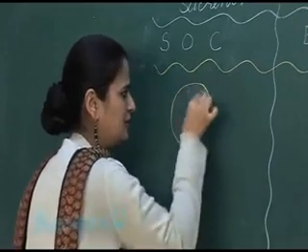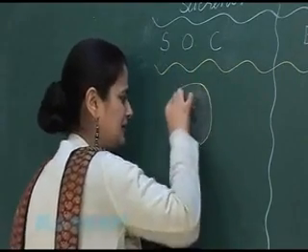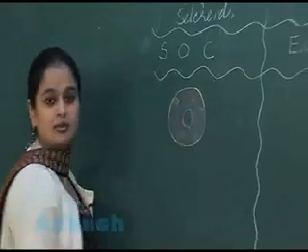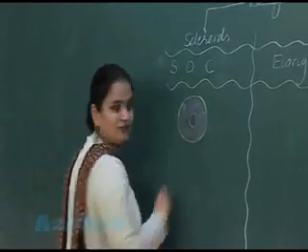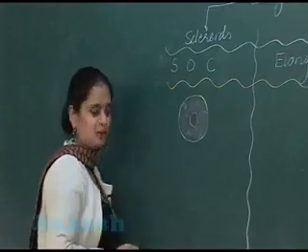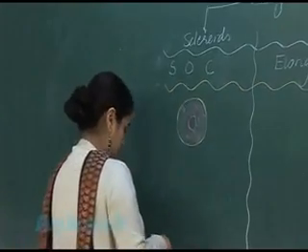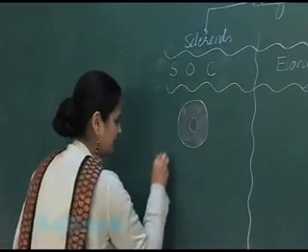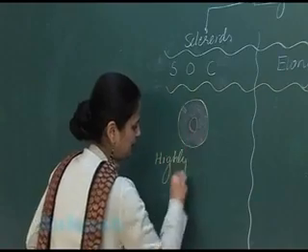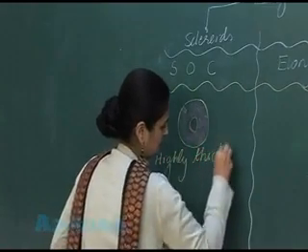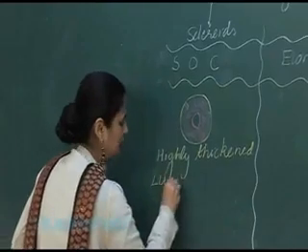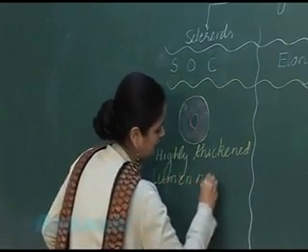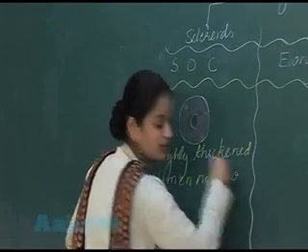So you can see here, a highly thickened wall. Due to the highly thickened wall, the lumen of the cell becomes narrower, the cavity is going to become narrow.